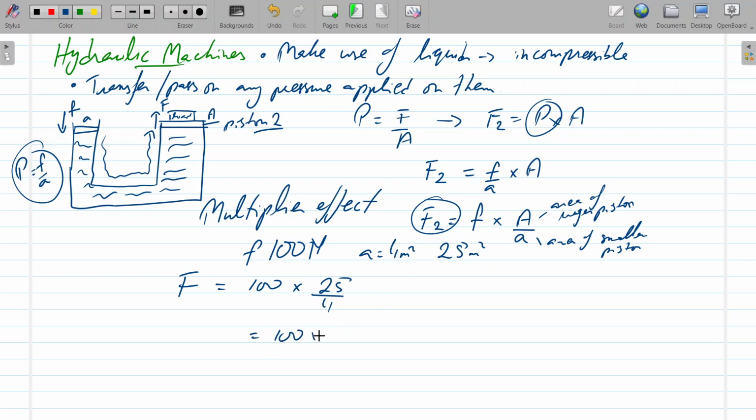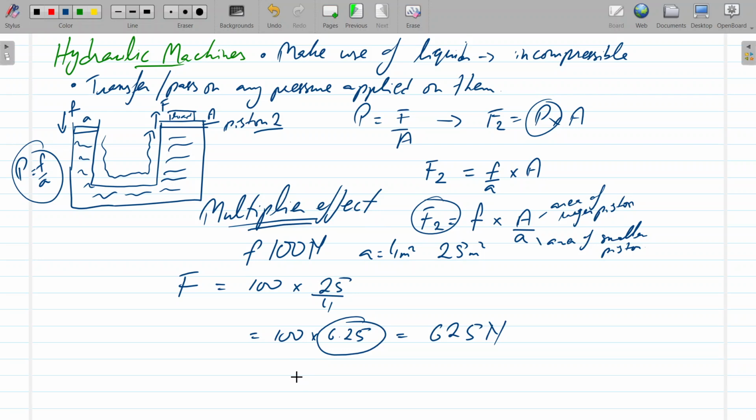So 100 into 6.25 will give us 625 newtons of force. So 100 newtons at the smaller piston is actually producing 6.25 times that force. So that's why it's called the multiplier effect.